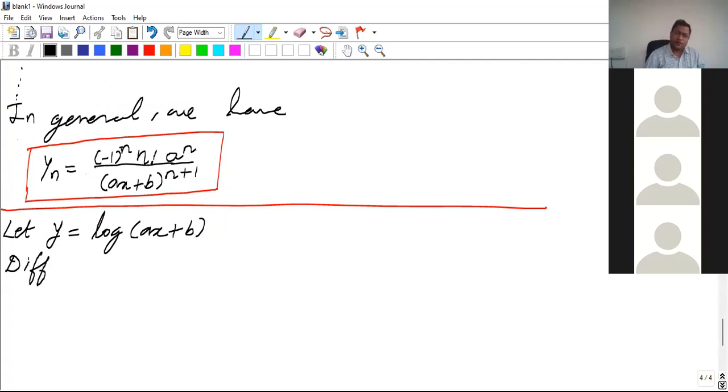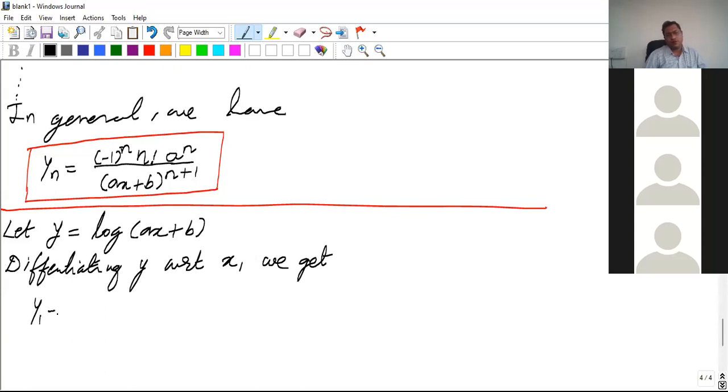Then we can differentiate. Differentiating y with respect to x, we get y1 is equal to... The derivative of a logarithmic function log x is 1 upon x.